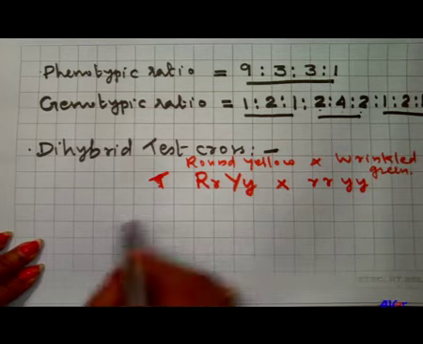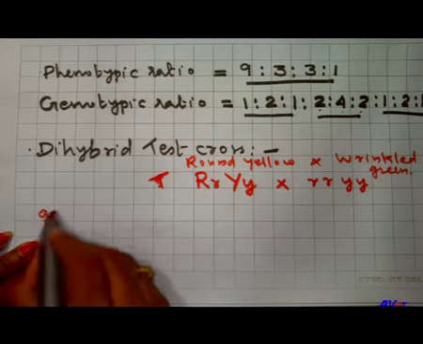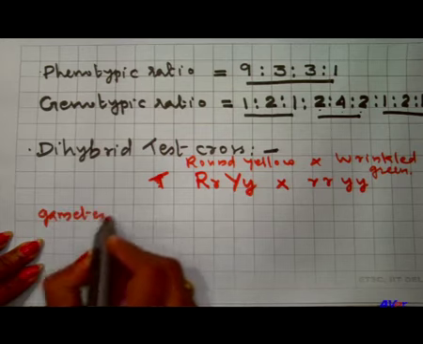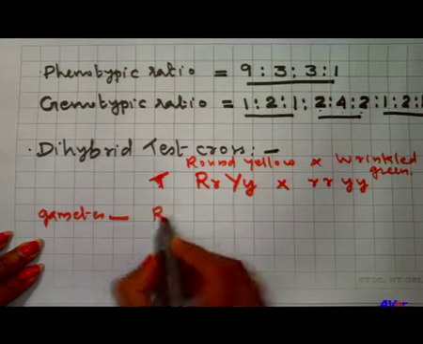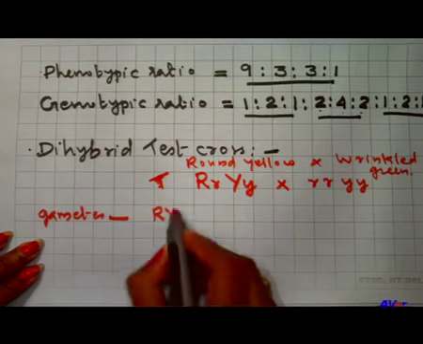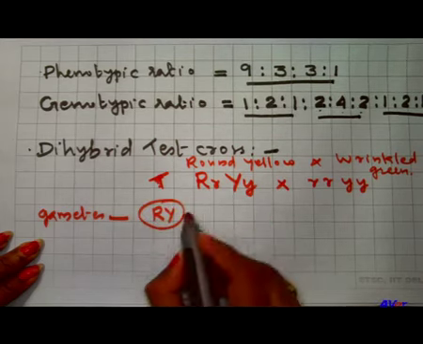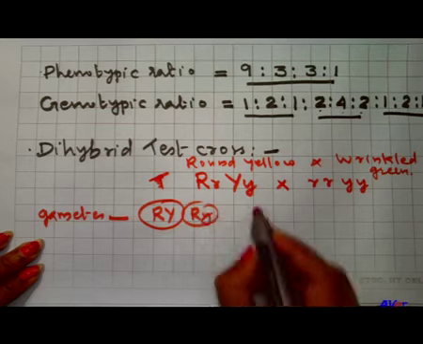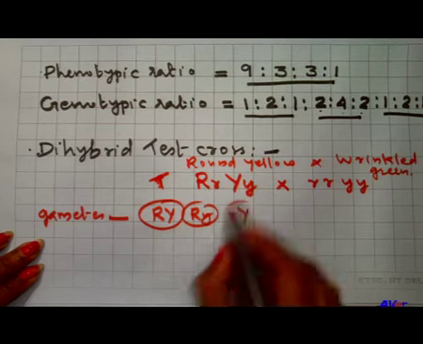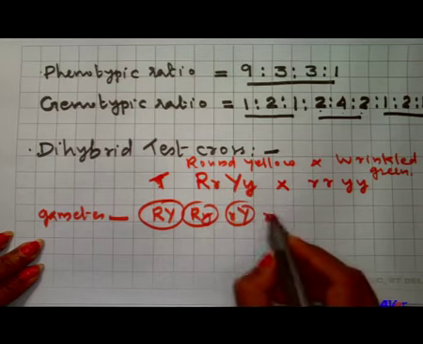Gametes: 4 different types of gametes are produced here, like this: capital R capital Y, capital R small y, small r capital Y, and small r small y.